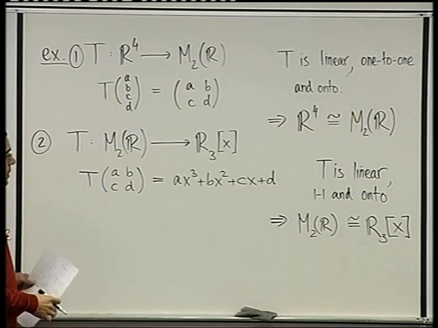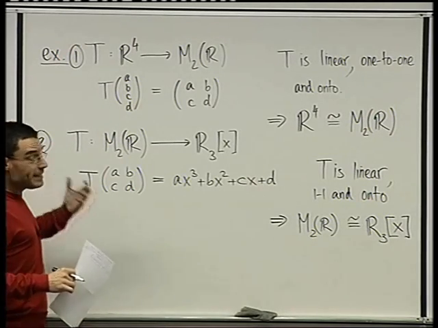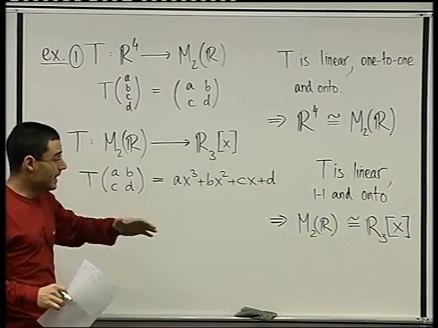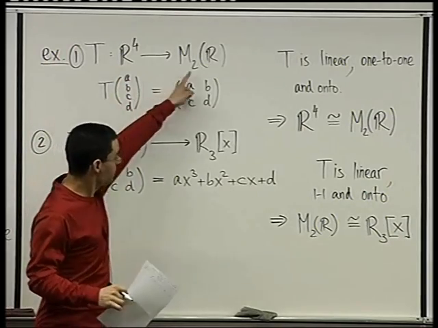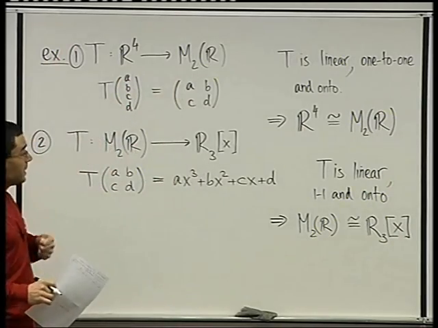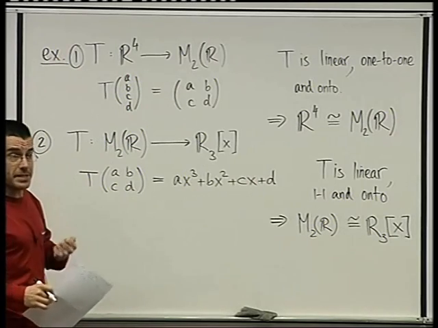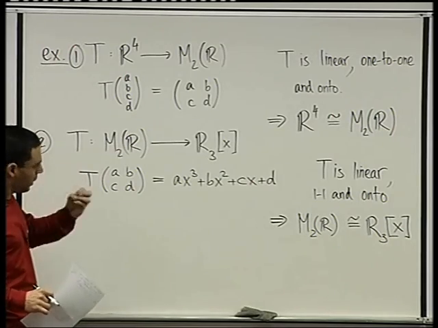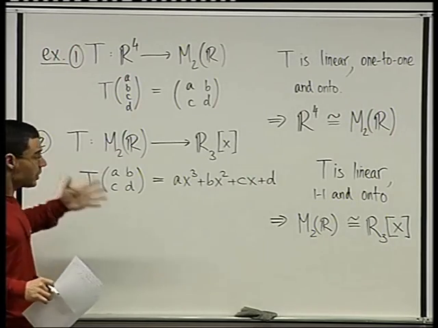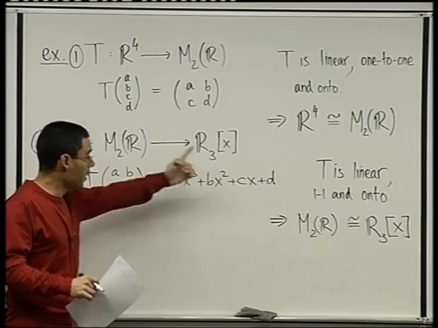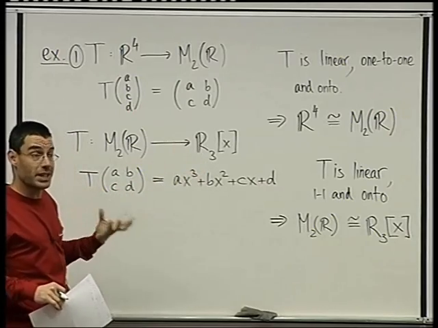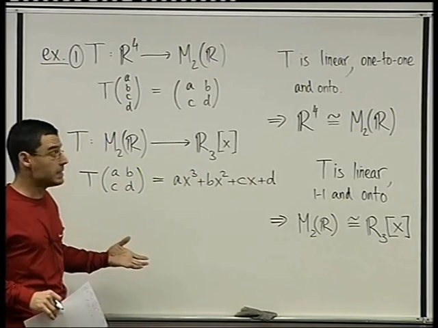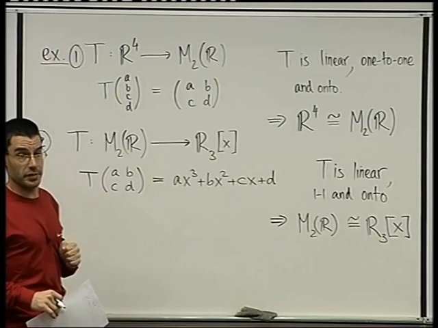Okay? So this idea that was around, that these three spaces are in fact, in some sense, the same space in disguise, in different disguises, is now put into formal words. These are not the same space. M2R and R3X are not the same. They're not equal as vector spaces, but they're isomorphic.